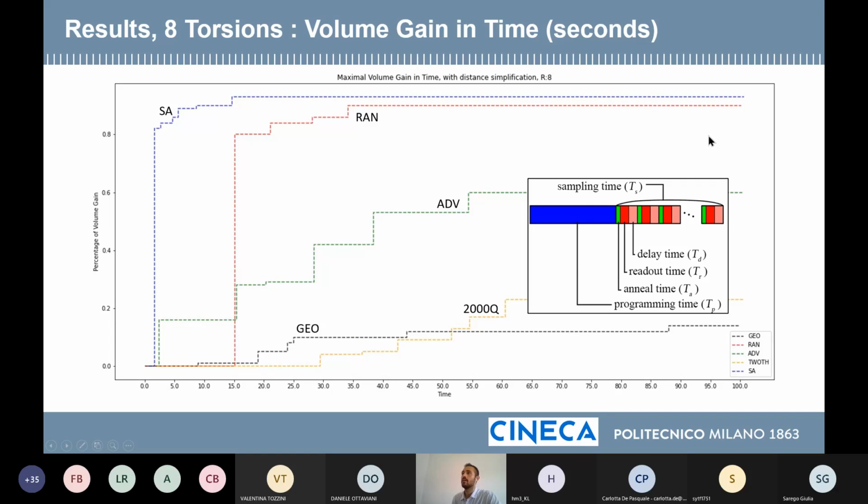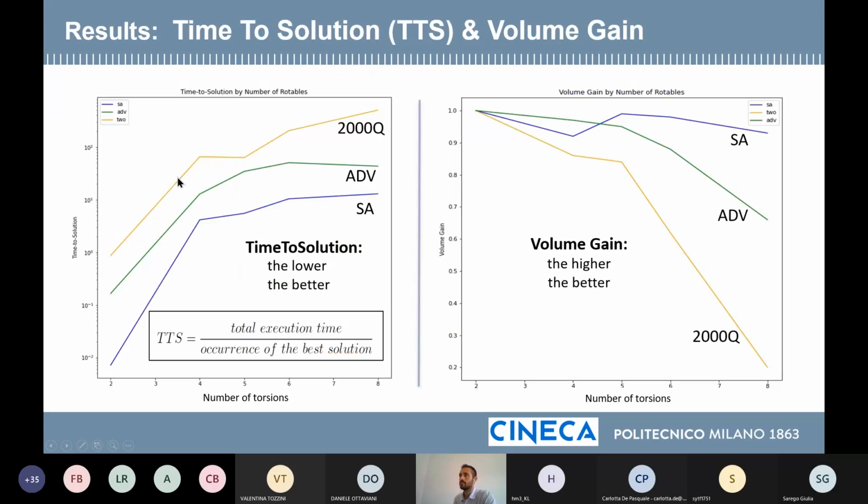However, something that we discovered and could be used in the future is that simulated annealing actually is not bad. It finds a pretty good solution very rapidly.